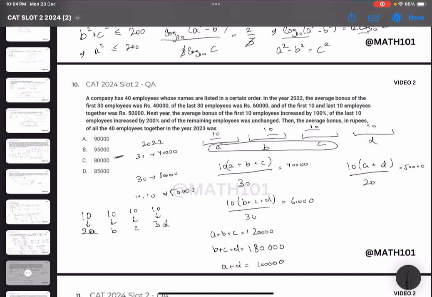So the average bonus would be 10 into 2A plus B plus C plus 3D divided by 40. This is 2A plus B plus C plus 3D by 4.